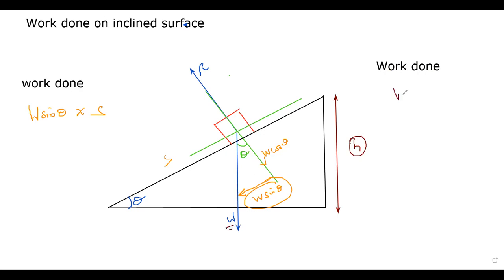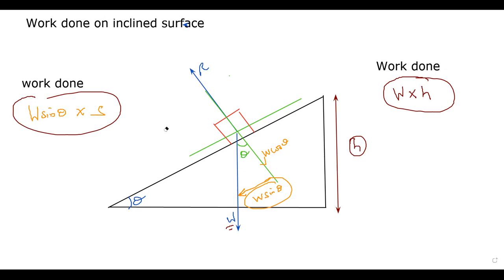So the work done will be equal to weight multiplied by height, W into H. But the answer of W into H will be the same as the answer of W sin theta into S. It will not make a difference to the final answer, but it depends on which distance is given in the question. So if height is given, then weight multiplied by height, because weight is a force and height is a distance, you will get the work done.